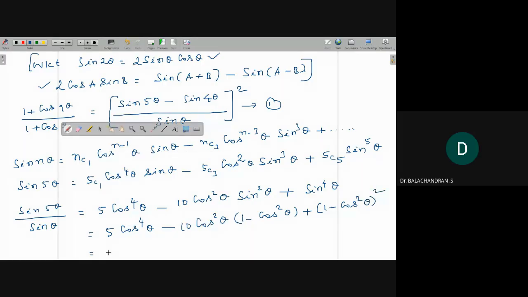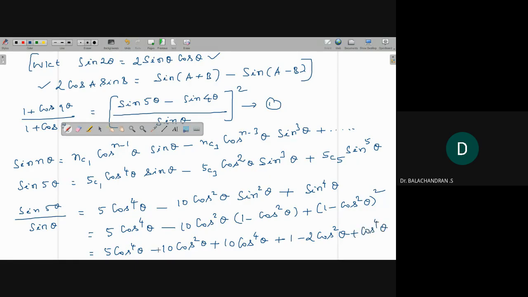Now this equals 5 cos power 4 theta minus 10 cos square theta plus 10 cos power 4 theta, plus 1 minus 2 cos square theta, plus cos power 4 theta.